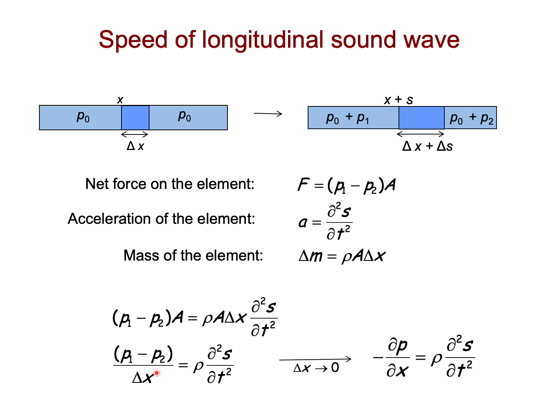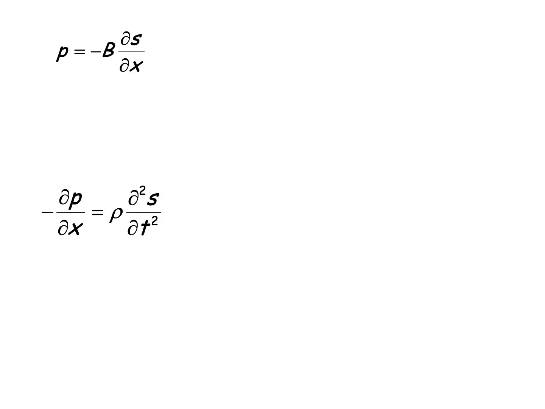So we end up getting negative del P del x equals rho times the second derivative of s with respect to time. And that minus sign, by the way, is because this should be P2 minus P1, so it's actually a negative of the derivative. So now we're very close to having our wave equation, so stay tuned for the next slide.